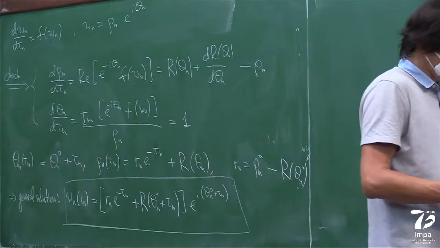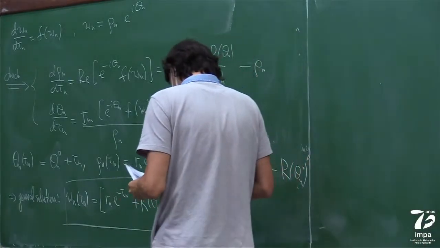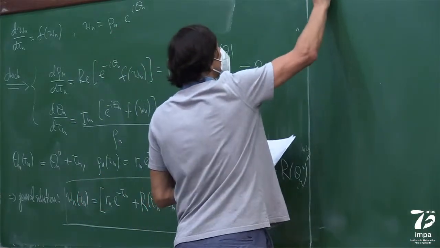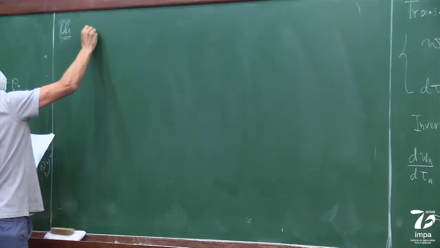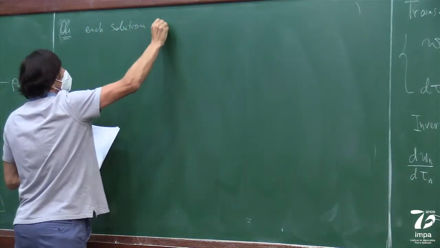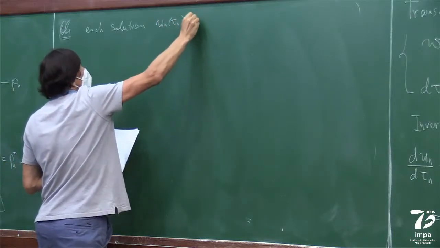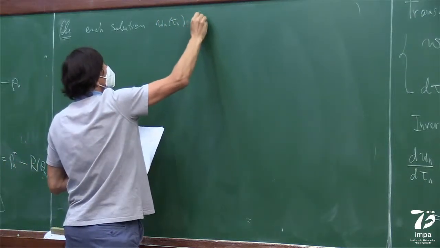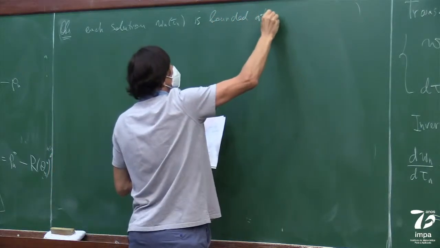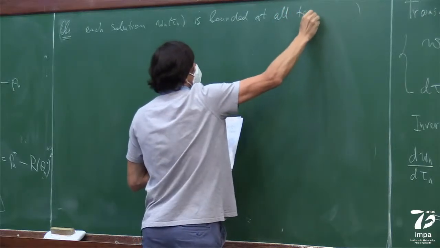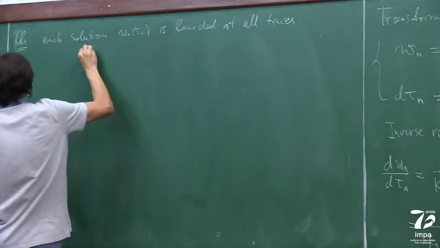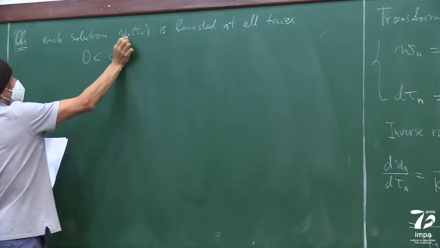So one of the properties you can see is the observation that each solution is bounded at all times by two constants, which are both positive.